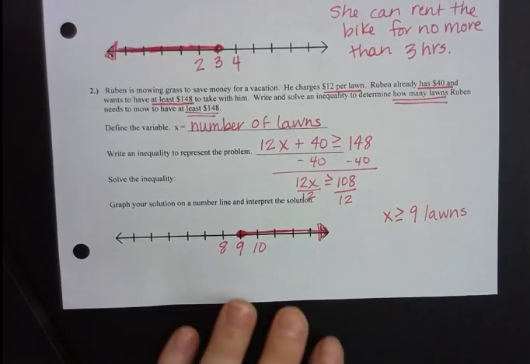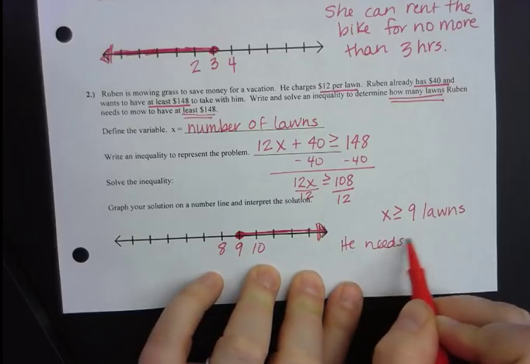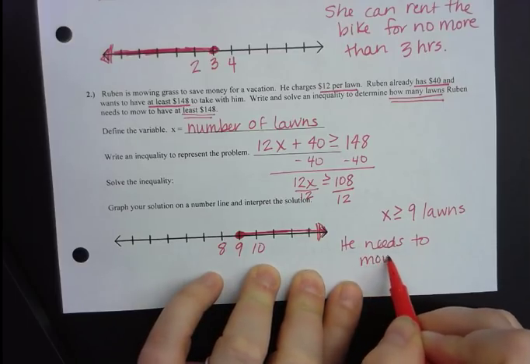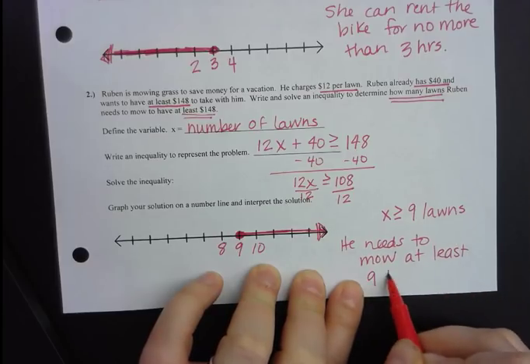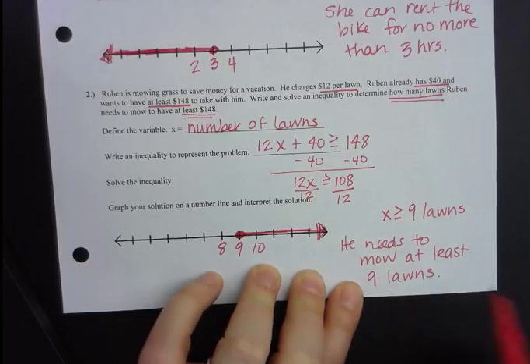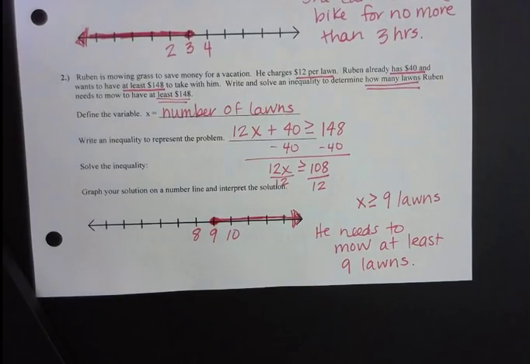And then my interpreting would be he needs to mow at least 9 lawns. I could say he needs to mow a minimum of 9 lawns. He needs to mow 9 or more lawns. Anything like that. Okay?